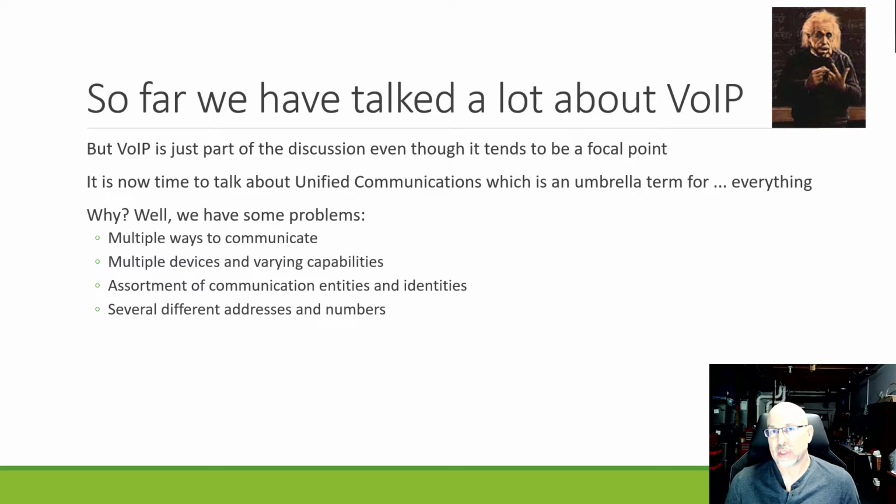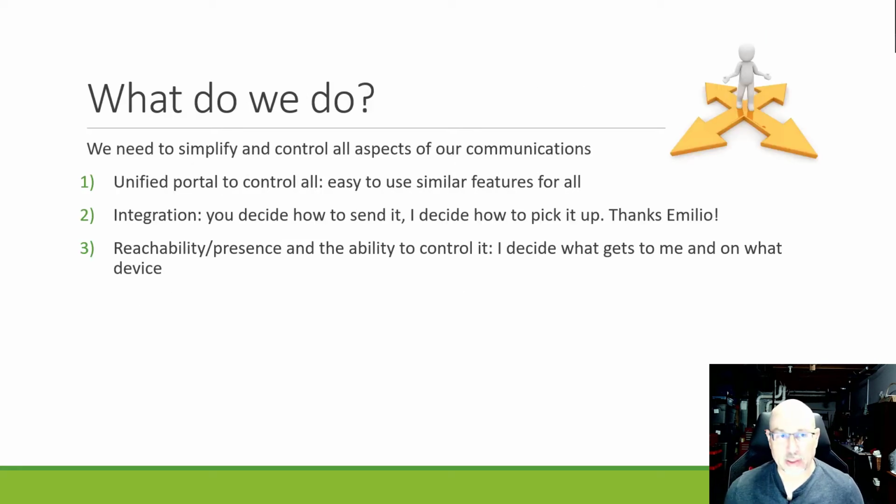I mean, today we can even use TVs to communicate. On top of that, there are a lot of providers, but also you yourself have a number of different identities, right? You can be identified by several different email accounts, by usernames in different places. So there's lots and lots of different identities for you, lots of different locations, lots of different addresses, lots of different numbers that we could use. So this presents an interesting problem, right? What do we use and when? So what do we do about this?